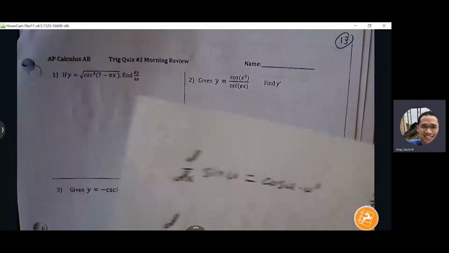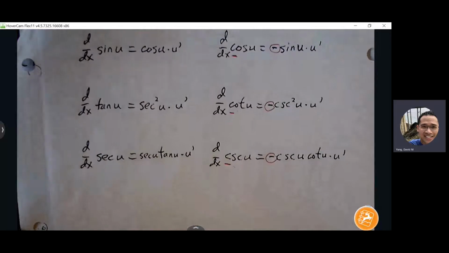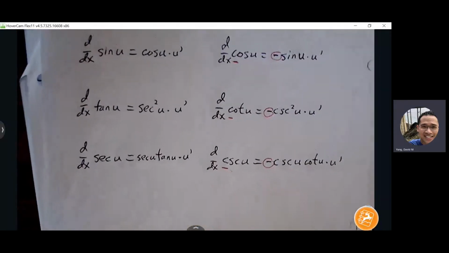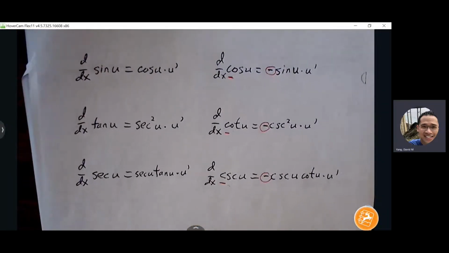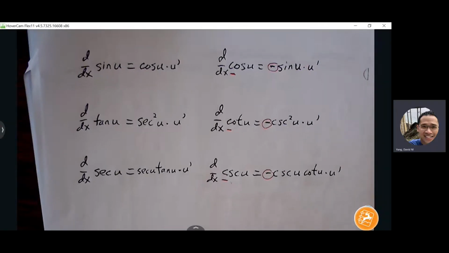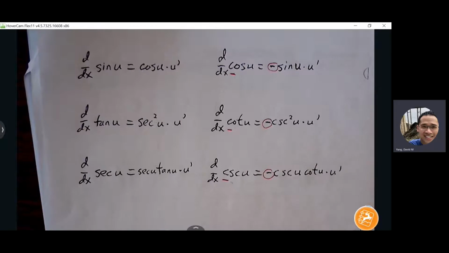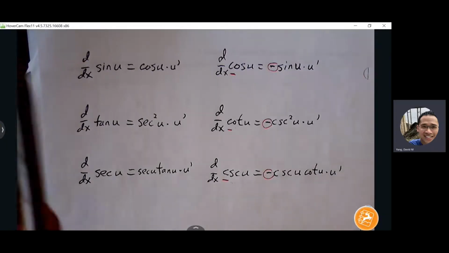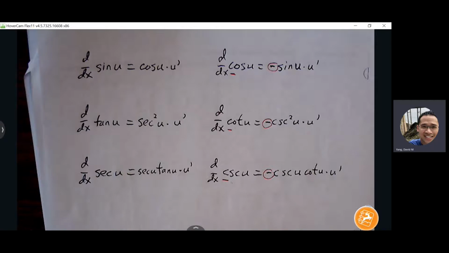I want to go through the patterns with you and then see if you can write down the rules from memory just as a way to practice before we get to our quiz Tuesday after break. So let me go through the patterns and then I'm going to ask you to recreate it and see if you can begin the process of memorizing these rules.